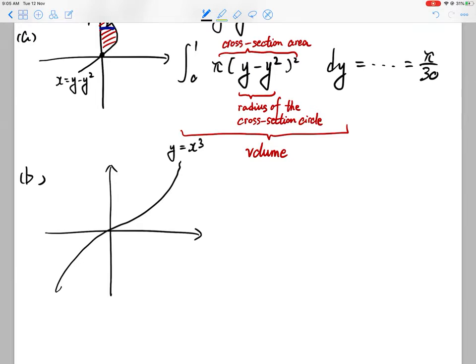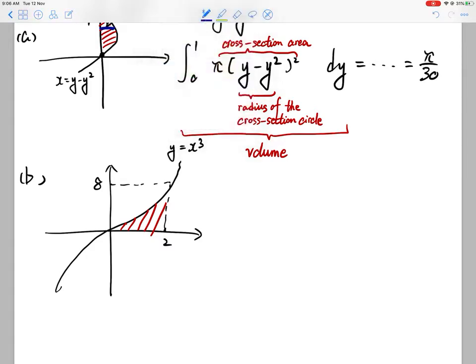So y equals 0 is this line, right? And x equals 2. This should be 8, right? So it's this part. It's revolving about the x-axis.